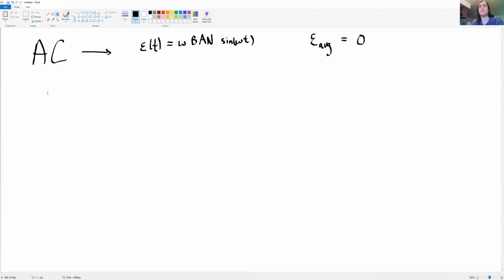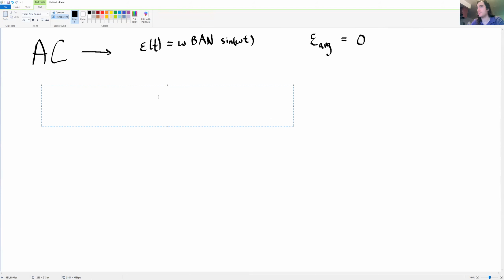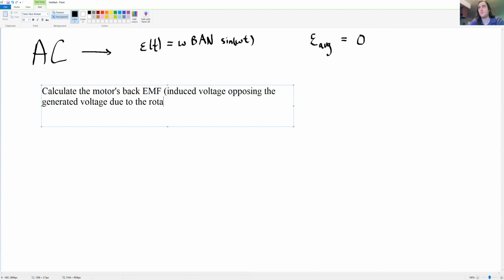I'll go ahead and type this up just to get it written down quicker, since we are on a bit of a time crunch at this point. So calculate the motor's back EMF, induced voltage opposing the generated voltage due to the rotating loop.